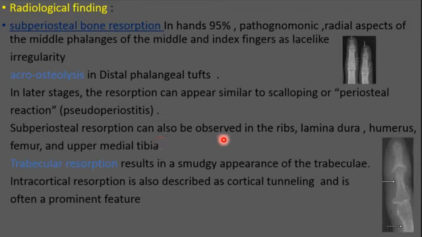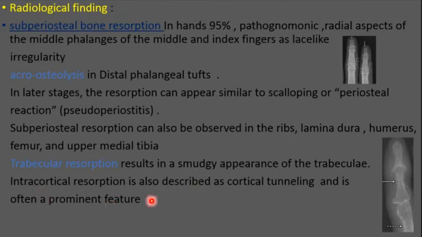Subperiosteal bone resorption can also be observed in the ribs, in the lamina dura of the teeth, in the humerus, femur, and upper medial tibia. This is subperiosteal bone resorption and acroosteolysis. Another feature of hyperparathyroidism is trabecular resorption, which results in a smudgy or hazy appearance of the trabeculae.